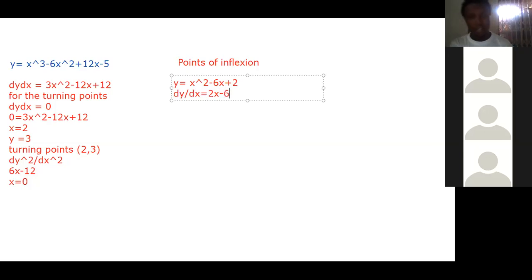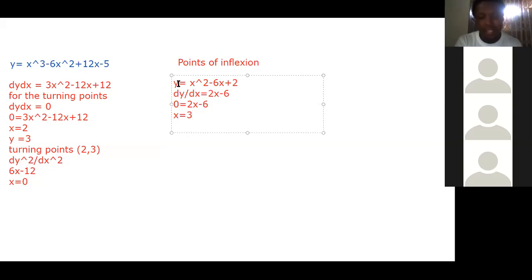So let me equate it to 0. So 0 is equal to 2x minus 6. x is equal to, what will be x? x will be equal to 3. So this will be our x.